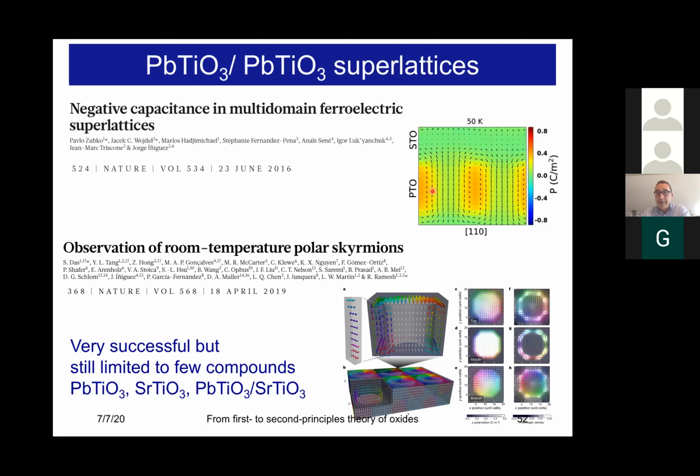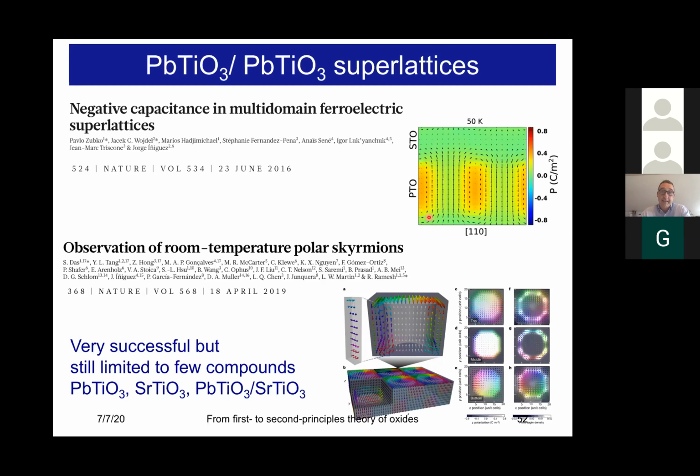If you polarize up, for instance, you will accumulate some positive charge here, some negative charge here. And if you have no screening of this charge, you will get a huge depolarizing field that will kill the ferroelectric instability in PTO.